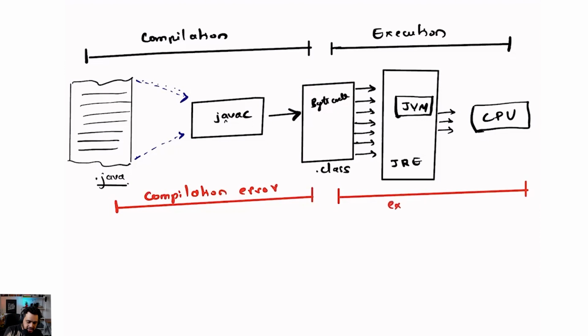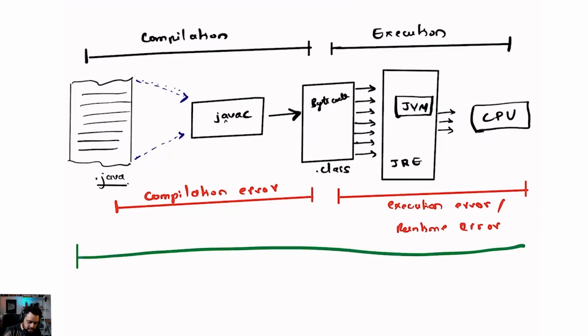It is called an execution error, or also a runtime error. The error that occurs during execution is called an execution error. The error that occurs during compilation is called a compilation error. Understood, my dear friends? Clear, everyone?